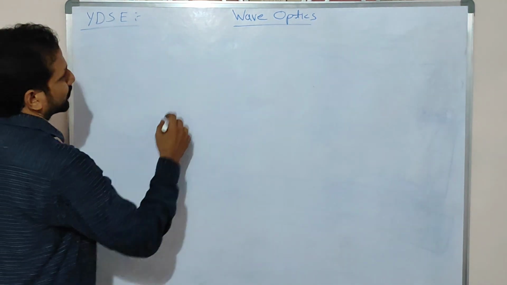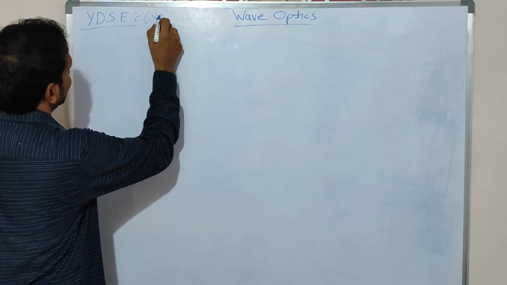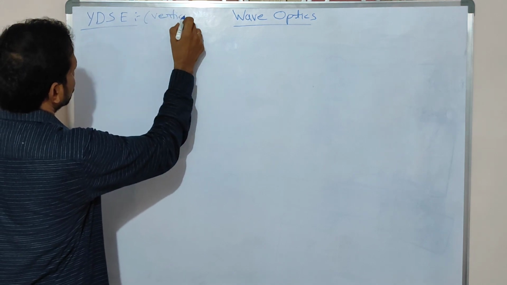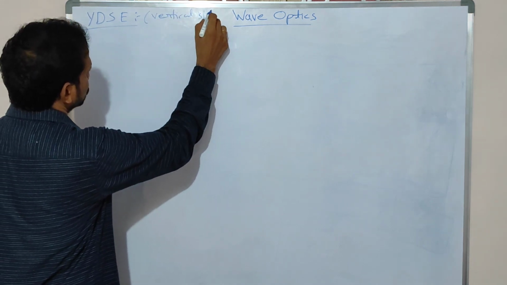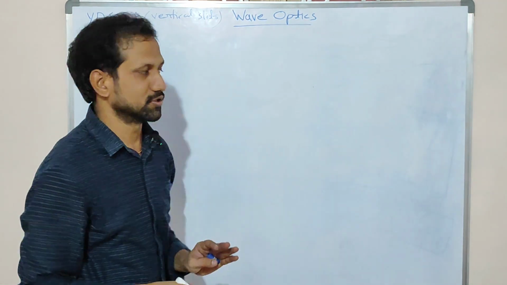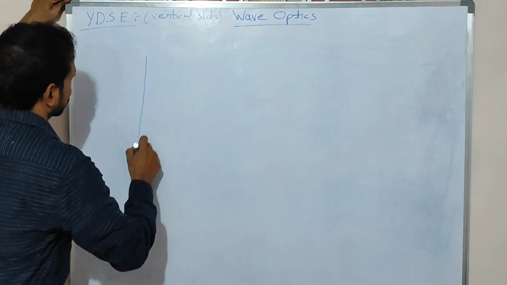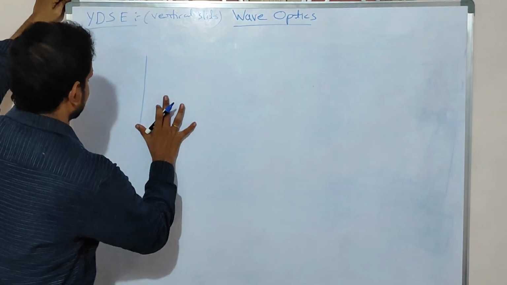So consider a screen. Of course, here we are considering vertical slits. I'll tell you what is a vertical slit and what is a horizontal slit, but let us consider here the case of vertical slits.